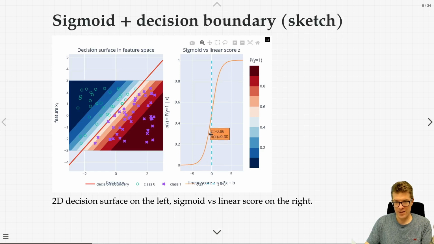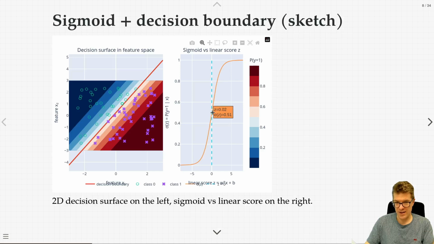So you can see here, or you can see a hint anyway, that the sigmoid function is bounded below by 0 and above by 1, just like a probability will never be less than 0 or greater than 1. So for any value of z, you're going to get something between 0 and 1 coming out. Positive values of z are going to give you values coming out of sigma that are above 0.5.